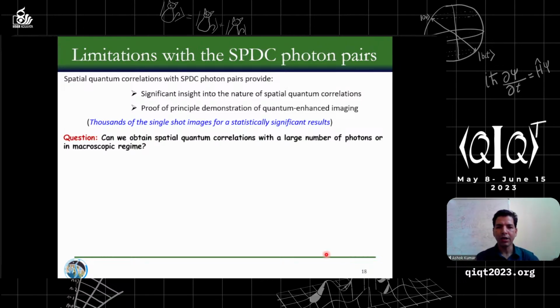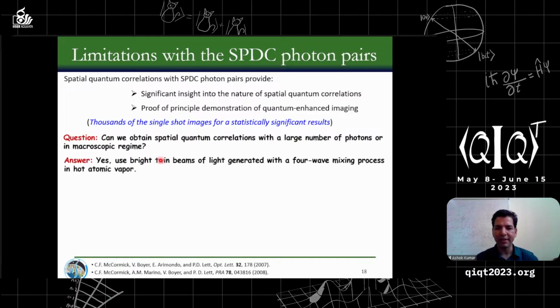To address this question: yes, we can use bright twin beams of light generated with four-wave mixing in hot atomic vapor to remove some of the main drawbacks of SPDC photon pairs. I will tell you how this method works, and then the remaining talk will focus on some of our experimental research that has used bright twin beams generated with four-wave mixing.